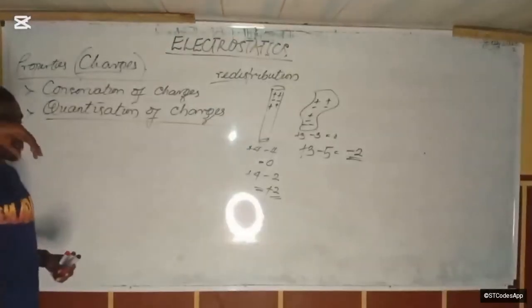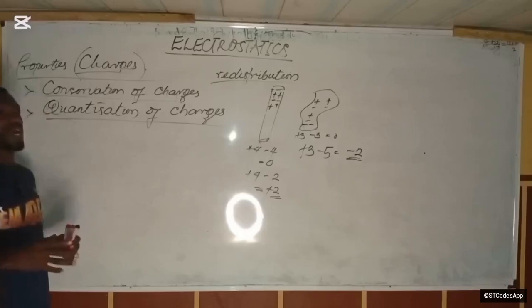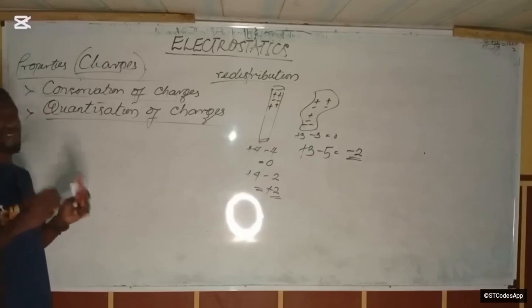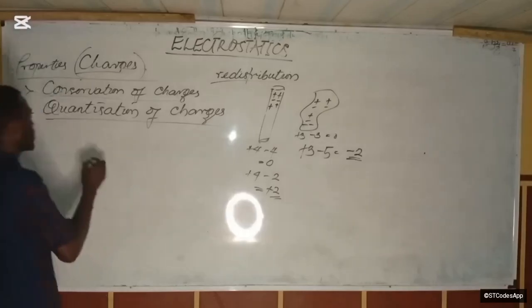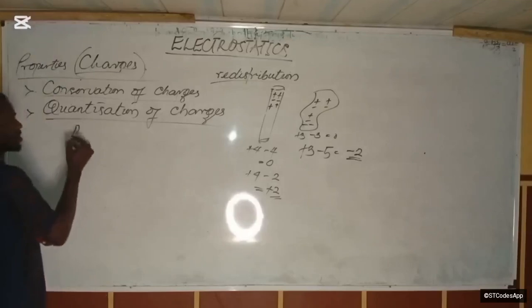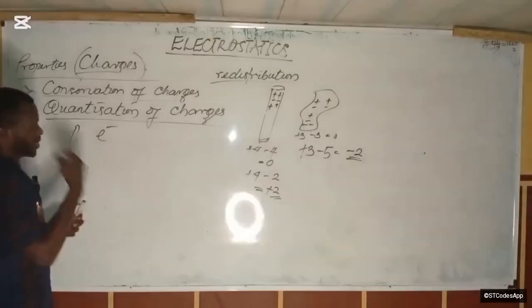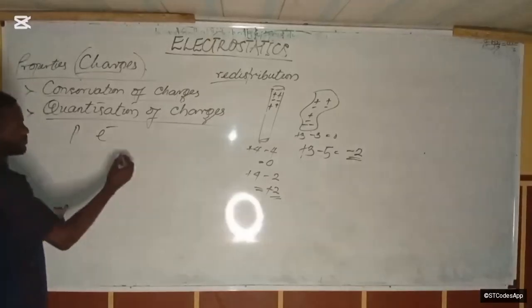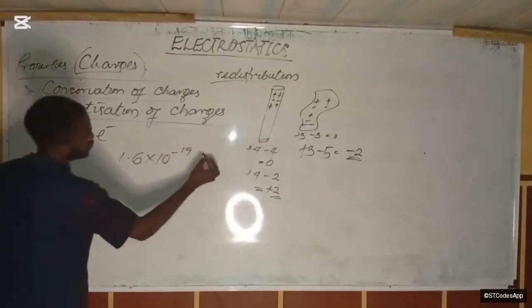So what that means is that charges are quantized. And what do we mean by charges are quantized? Charge has a particular value. For example, our fundamental charges, protons and electrons, which are equal but opposite, have the value of 1.6 times 10 to the power -19 Coulomb.